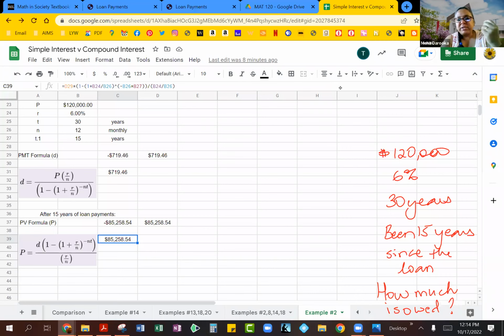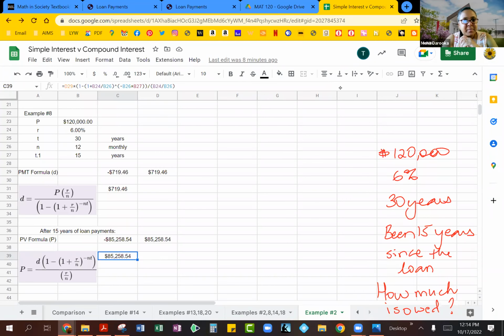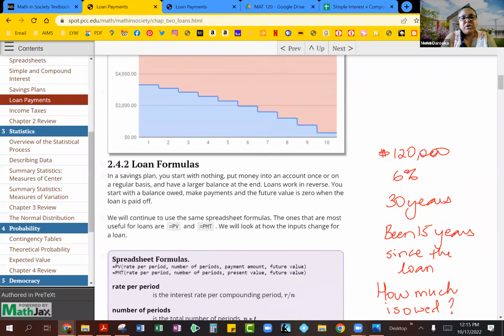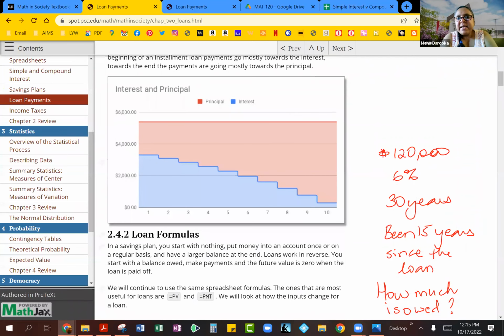Okay, so one thing I wanted to clarify before we move forward from this example number 8, guys. Michael had shared some of these ideas in the chat: can I just take our monthly payments, the $719.46, and do 12 times 30, which will tell you how much you're going to pay over a 30 year time frame, and then divide that by 2? The reason you cannot do that is that it's not halfway.